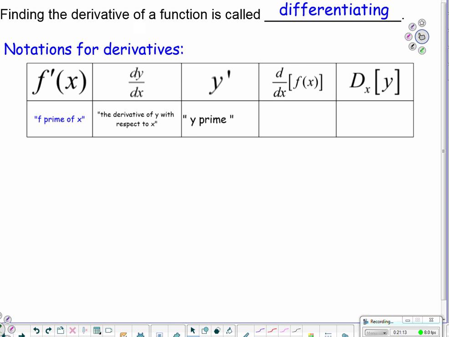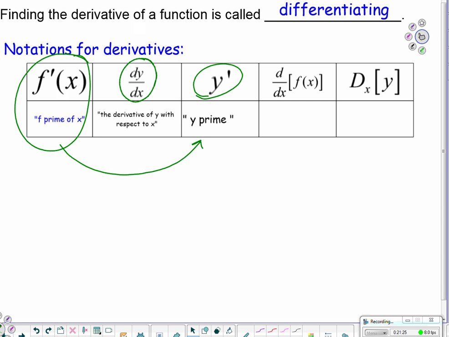Never before have we had so many different notations, right? F prime of x, I was using this one. It's quite similar to saying y prime. dy dx is another. And this one is saying the derivative of y, where this one is saying the derivative of the function f of x.